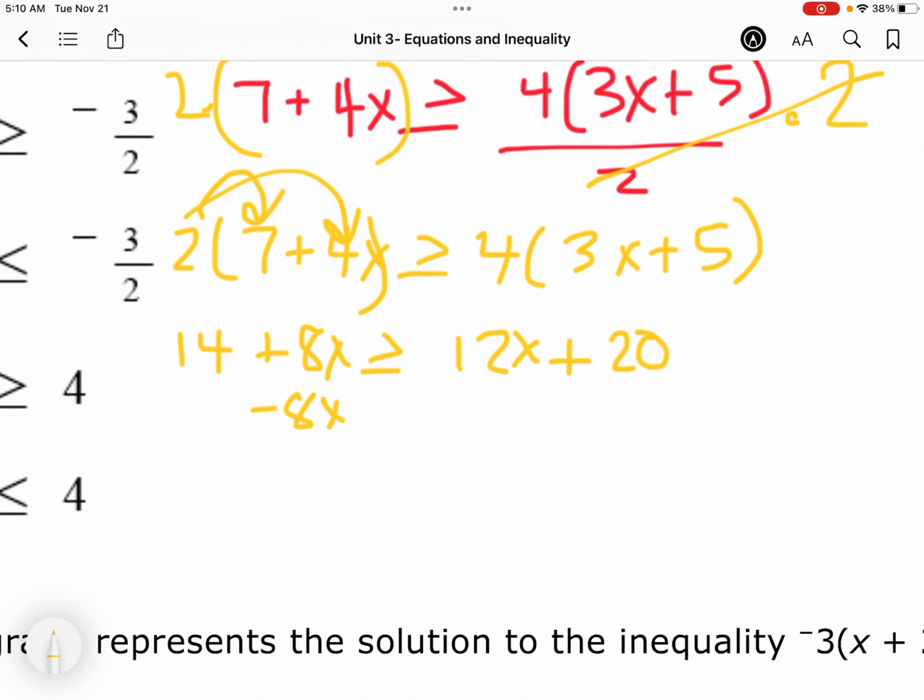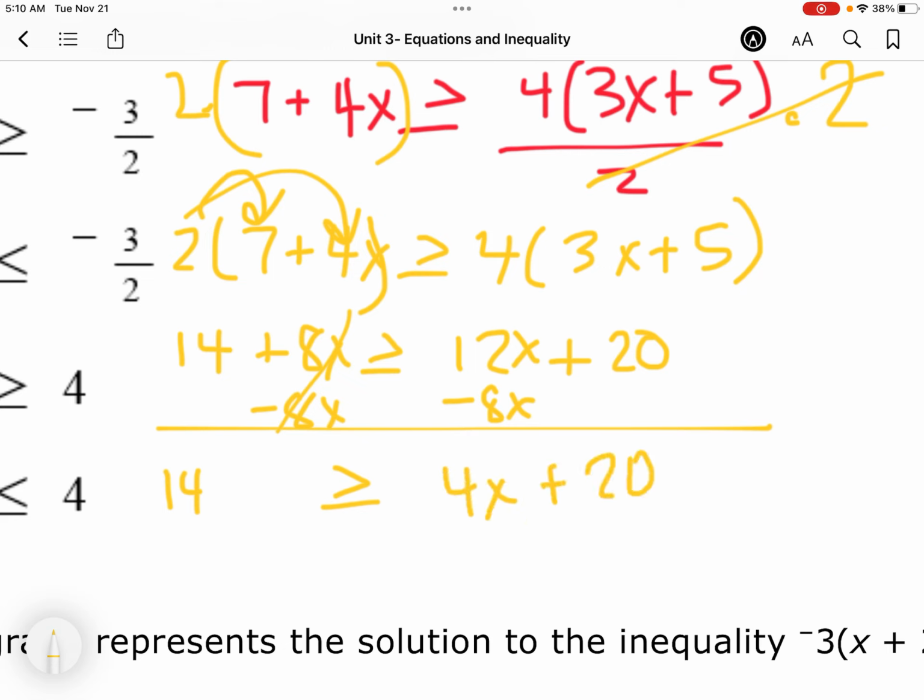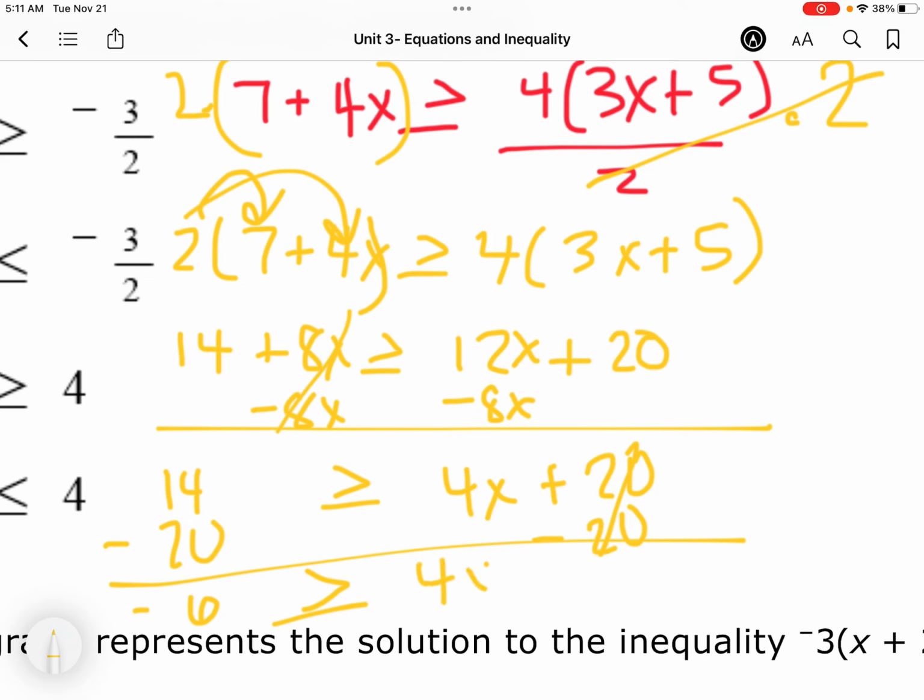Subtract 8x. 14 is greater than or equal to 4x plus 20. Minus 20. Divide by 4.